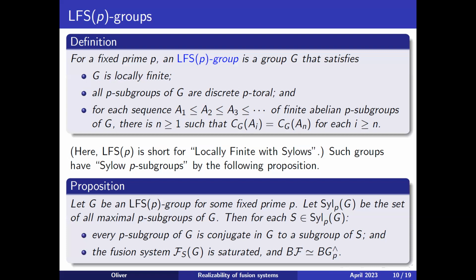Anyhow, the proposition, which very strongly requires that third condition, is that if you've got an LFS of p group G for some fixed prime p, let Syl_p(G) be the set of all maximal p-subgroups of G. Then for each Sylow subgroup S, you have first that every p-subgroup of G is conjugate to a subgroup of S, and the fusion system is saturated.